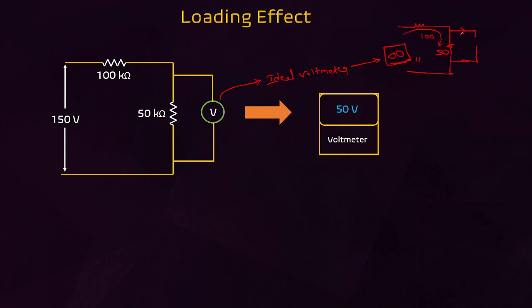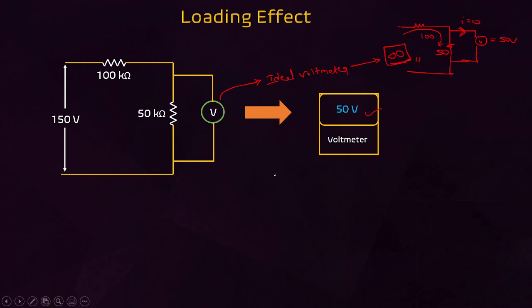It won't come here because current always flows in a closed path, but there is no closed path here. Here there is just the voltmeter and its internal resistance is infinity. So it is just an open circuit. It will just read the voltage. For an open circuit we can find voltage, but current is 0. That is what we know. So current will be 0, but there is voltage, and that voltage will be 50 volt. That is what we read here.